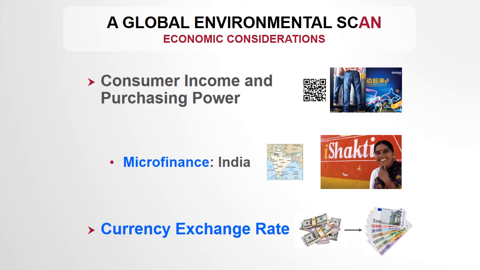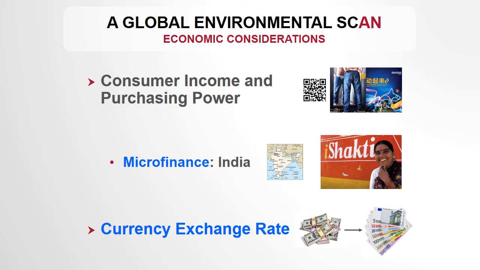Another economic consideration is the consumer income and purchasing power of individuals. In some countries, their annual income is not high enough to support the purchase of U.S. goods. Another thing, of course, to consider is the currency exchange rate.